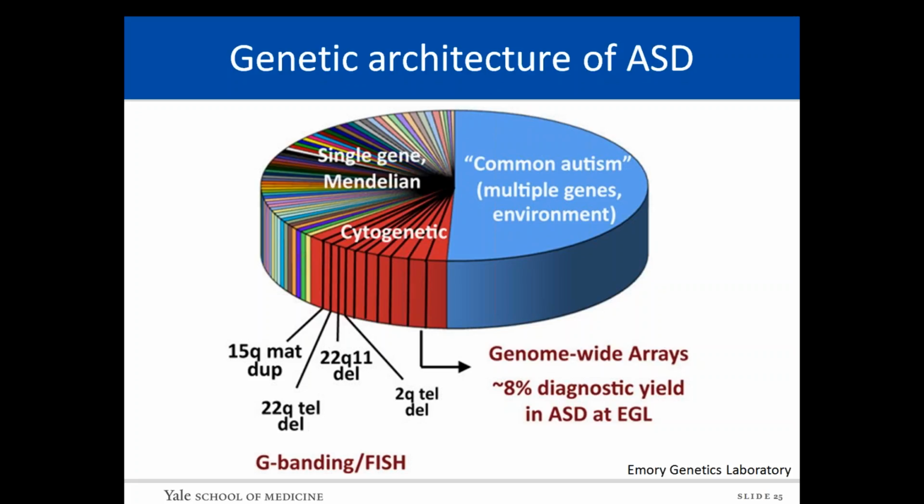Also, there is a subset of cases that have cytogenetic abnormalities that have been published in the literature. And then there's an entire large subset of cases that seem to be due not to single gene disorders or cytogenetic abnormalities, but to multiple genes, each contributing a small amount of risk, possibly also involving environmental triggers and factors. So the genetic architecture of autism is quite variable.